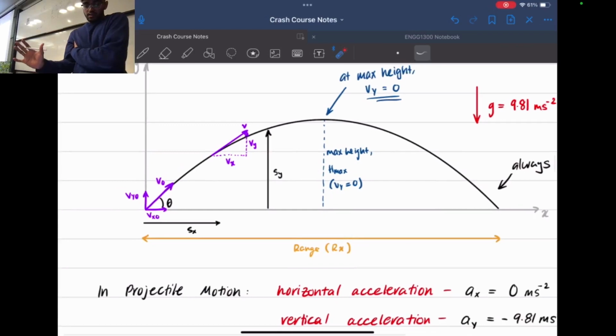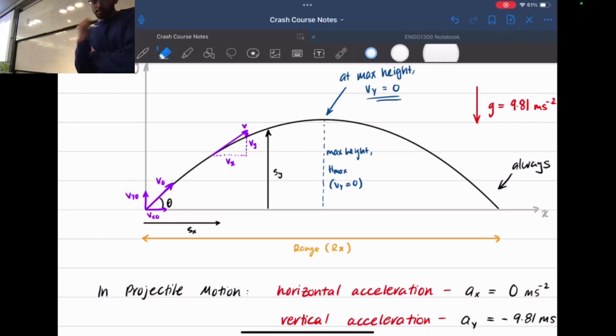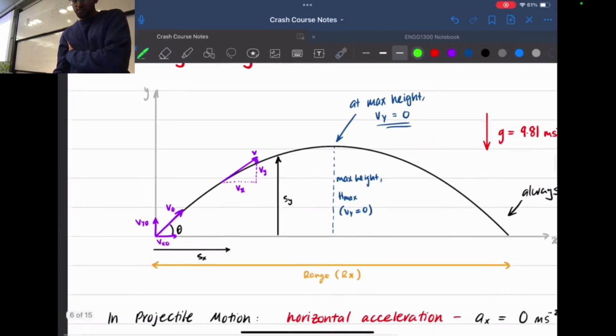So in projectile motion, we have an initial velocity v0, which we can break down into vx0 and vy0. This is the initial velocity in the x direction, vx0, and in the y direction, we have vy0 being our initial velocity. So I'll drop a quick triangle.